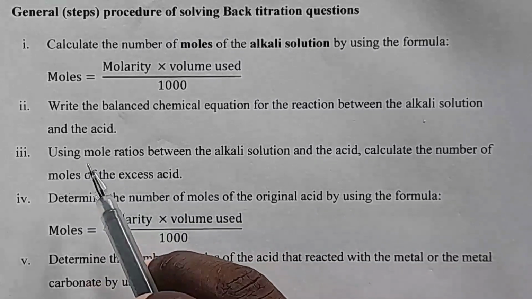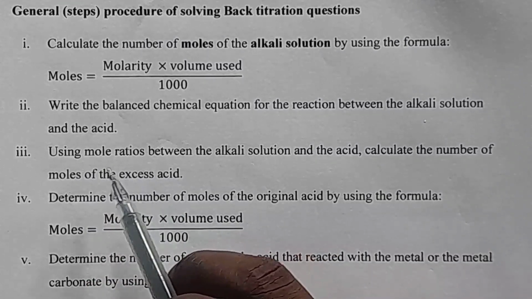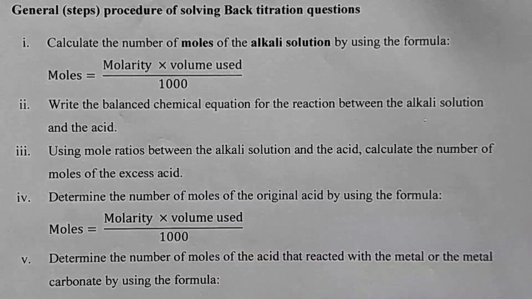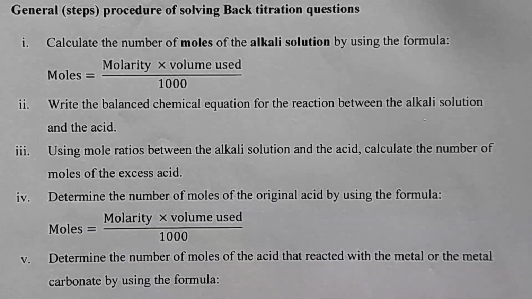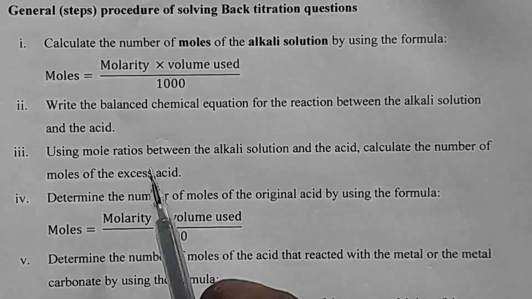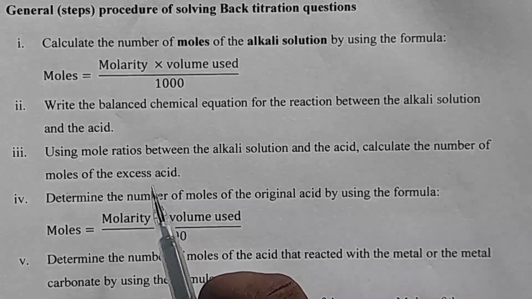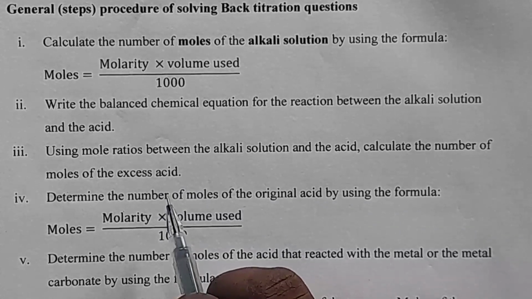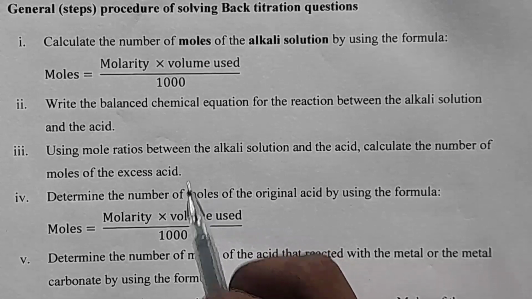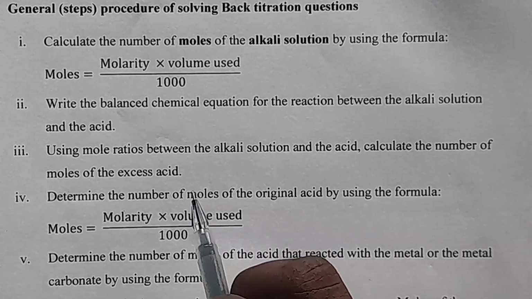Step 3, you are supposed to use mole ratios between the alkali solution and the acid to calculate the number of moles of the excess acid. So what is this excess acid? Remember, we have said earlier on, you are given three solutions. The first one is a metal or a metal carbonate. The next, you will be given an alkali solution.